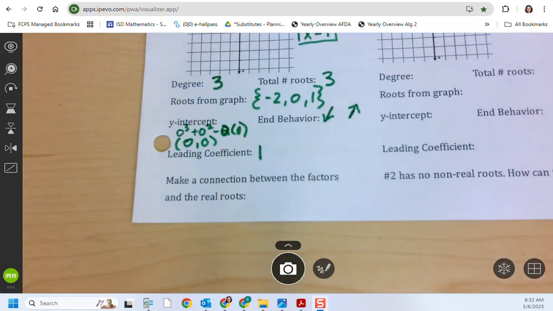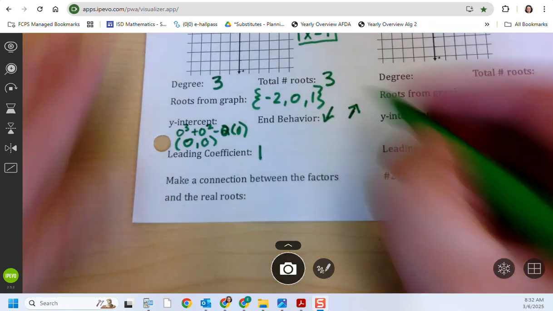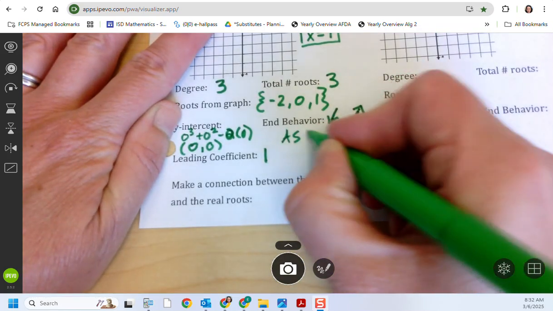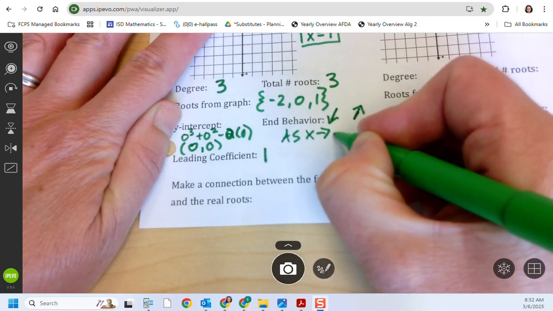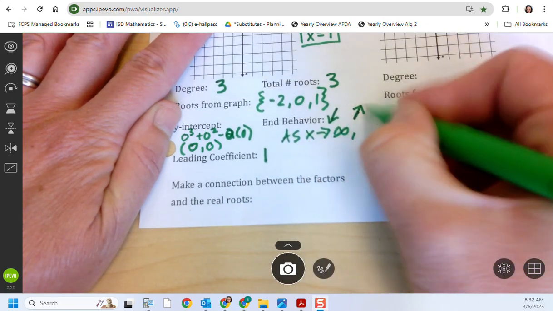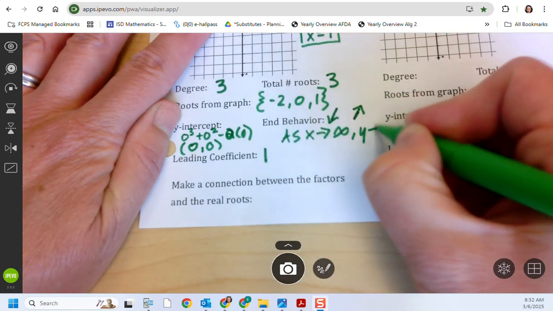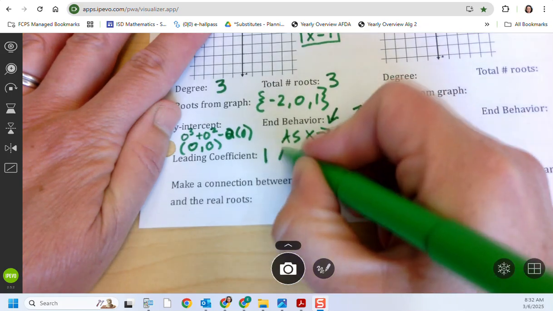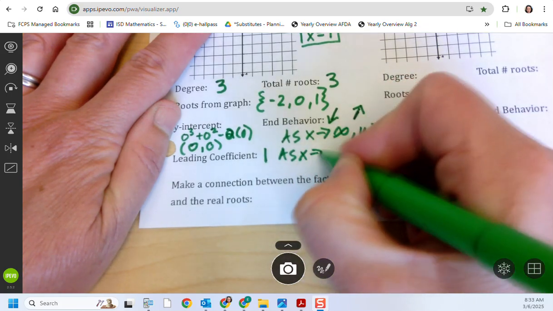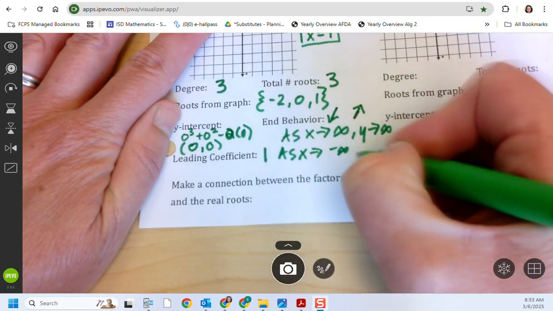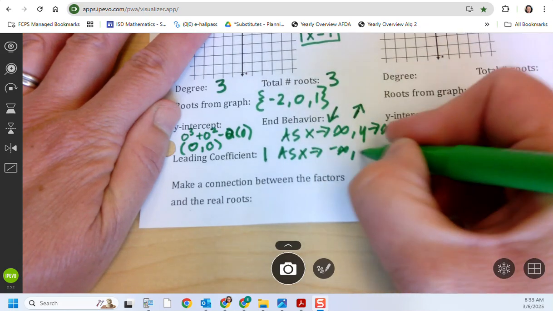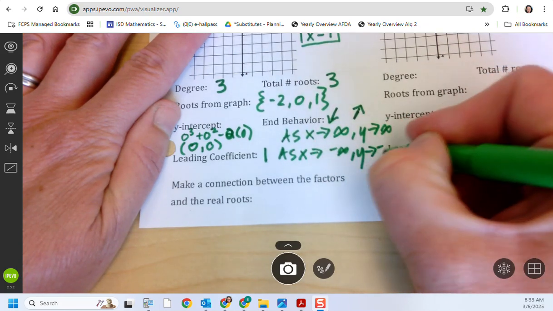So now let me write the statement for that. As x goes to infinity, that's going to be the right side here, the y goes to infinity. As x goes to negative infinity, the y is going to go down. The y goes to negative infinity.